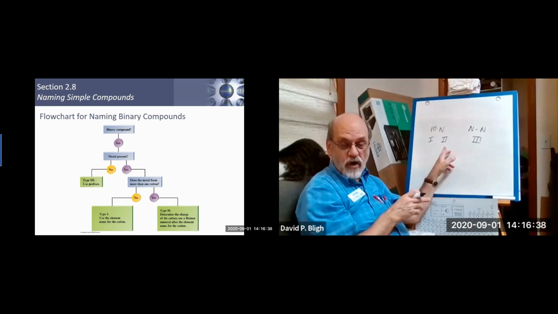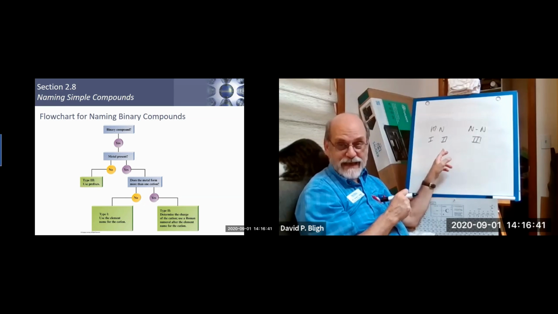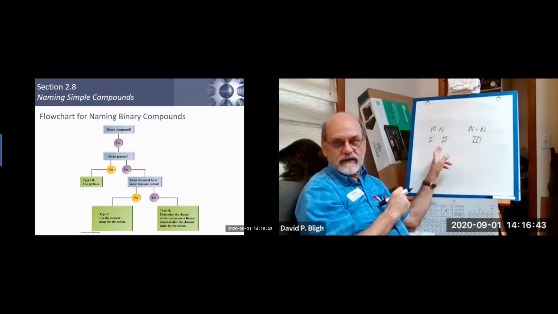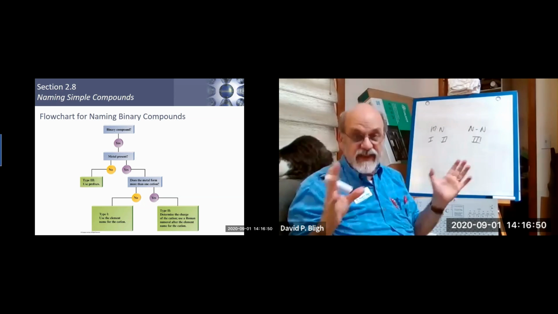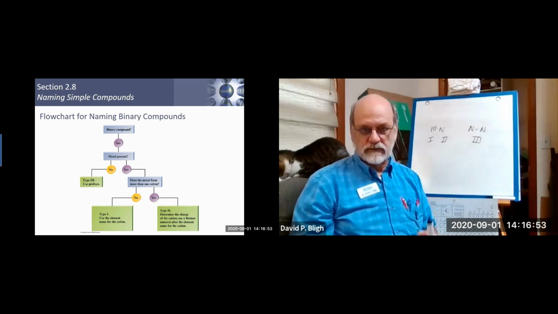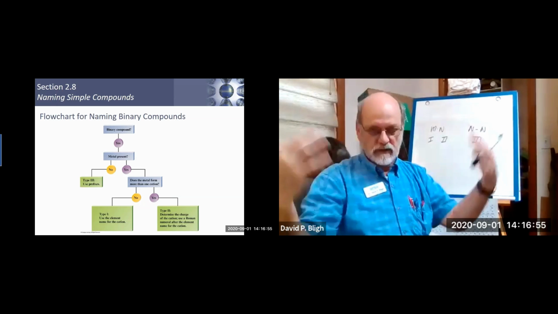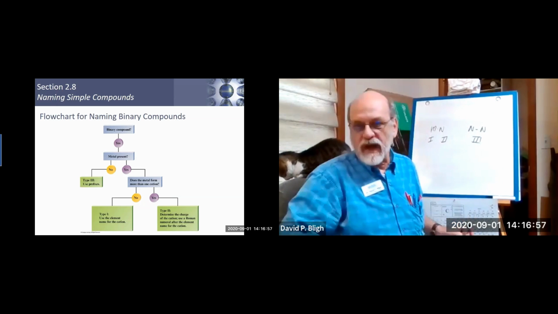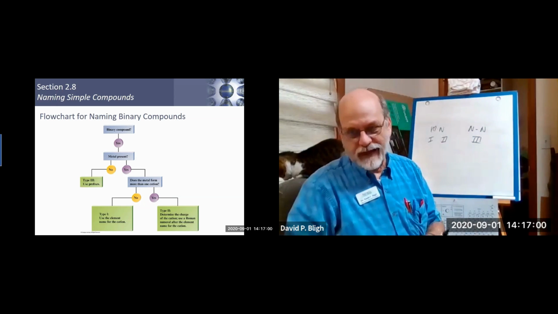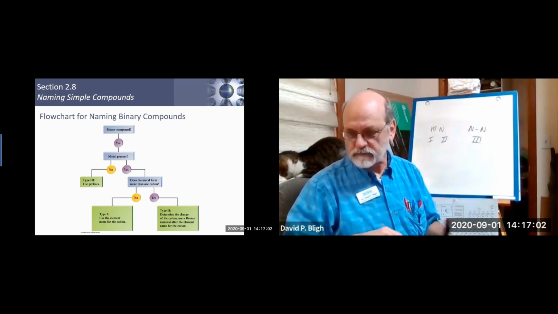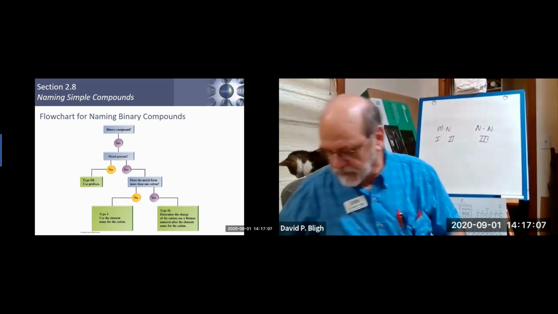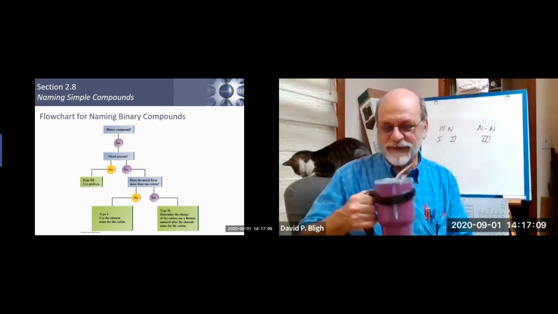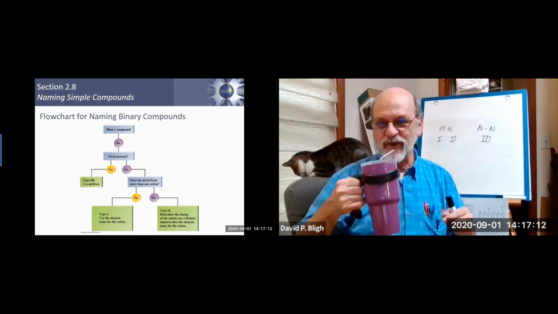And if it's variable charge, then when you actually write the name of the compound, you have to write the charge behind the cation in Roman numerals. And that's it. That's the whole nomenclature in one ball of wax, at least for inorganic chemistry. If you have designs on organic chemistry, then we have another set of rules. So that's your choice.